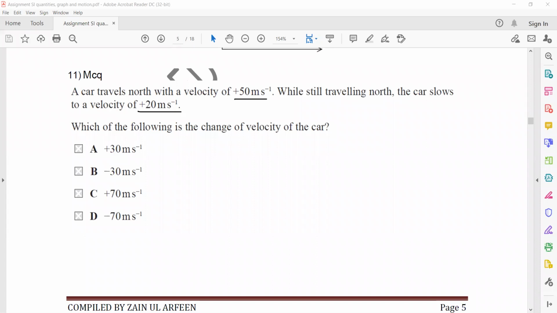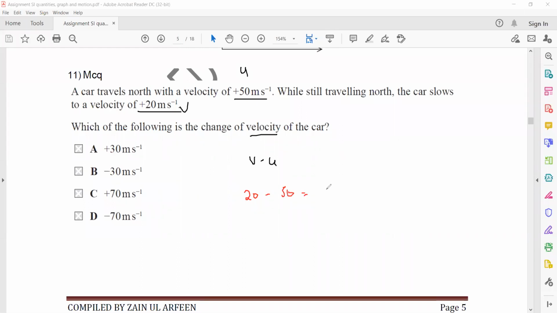So how can we find the change in the velocity? Change in velocity is final minus initial. So this was the initial velocity and this is the final. So the change will be final minus initial. The final velocity is plus 20, minus the initial velocity, which is 50.